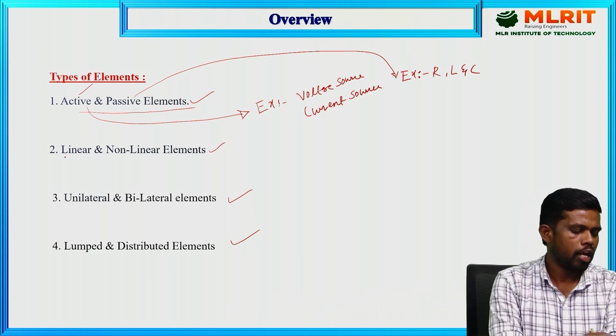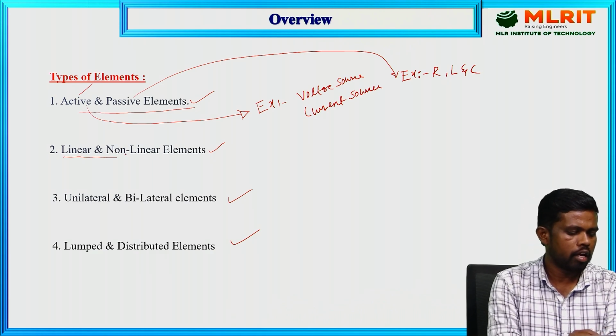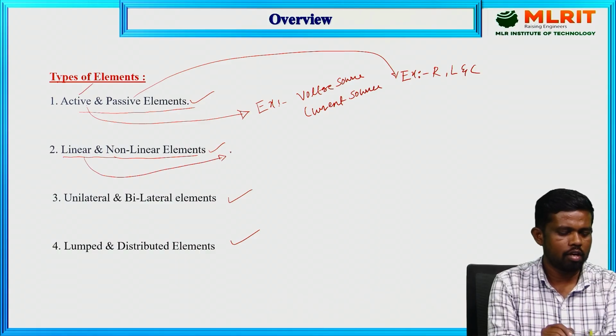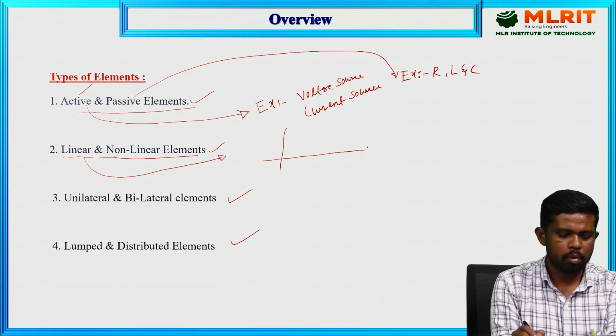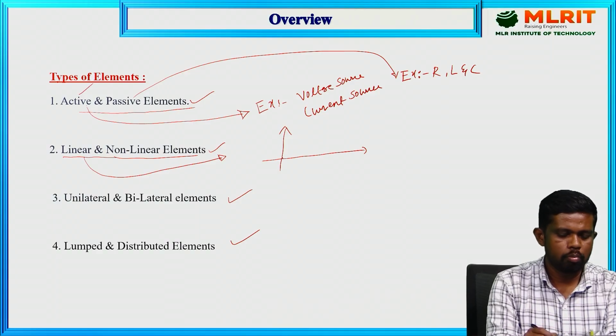Now coming to the second category, linear and non-linear elements. Linear is defined from the VI characteristics of the element. Considering the standard plane, the VI graph of the element should pass through the origin.